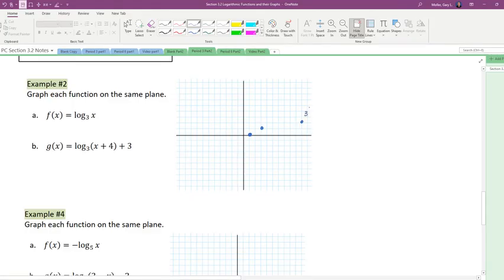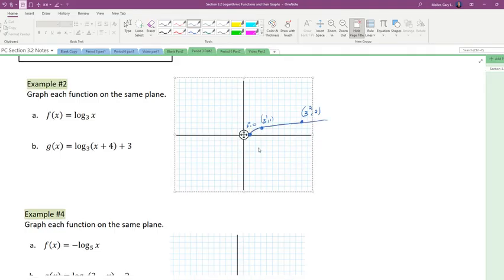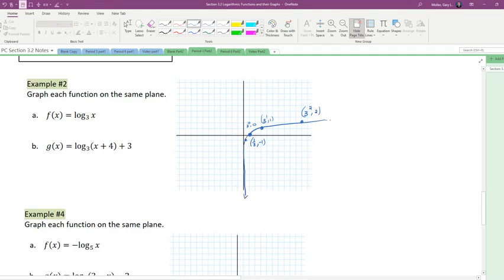So this is 3 squared, 2. This is 3 to the first, 1. This is 3 to the 0, 0. And then I have the point right here, which would have to be 1/3, -1. And then that keeps getting closer to 0 and goes down to -infinity. So there's your standard graph y equals log base 3 of x.